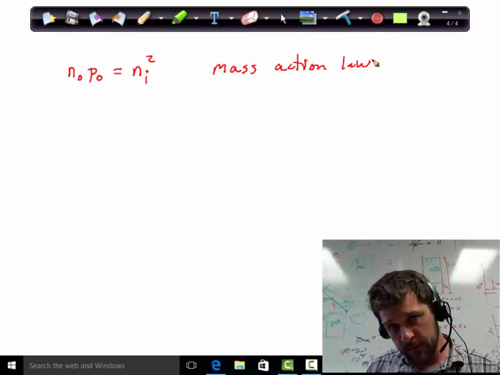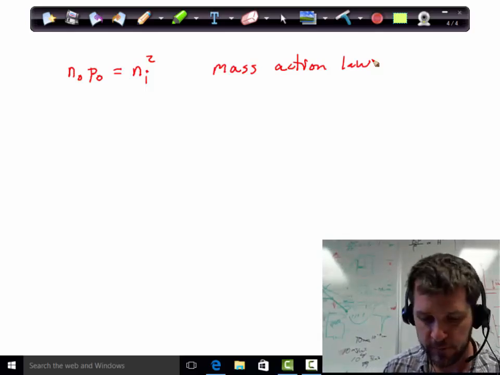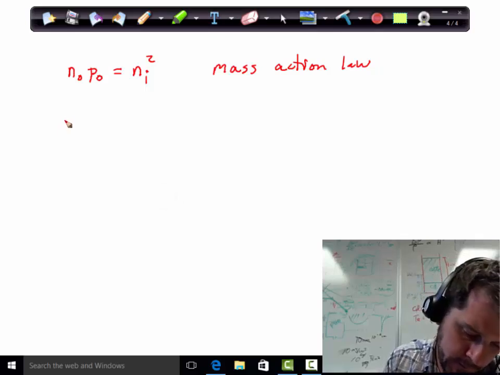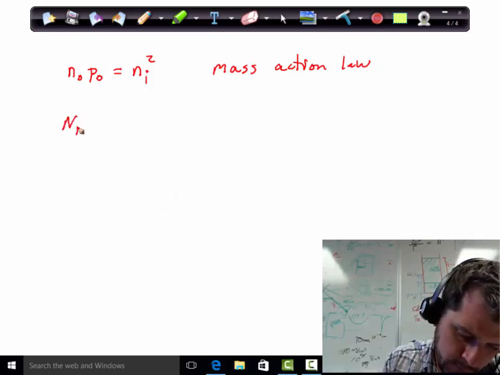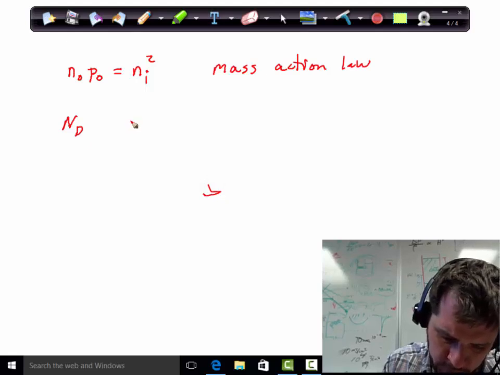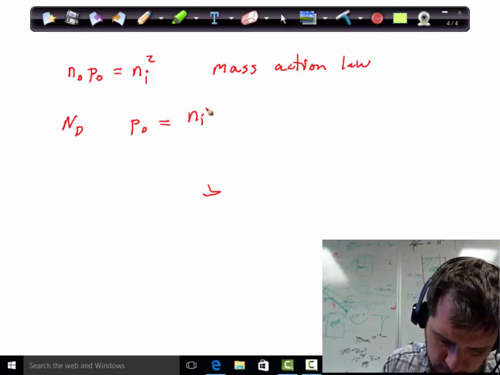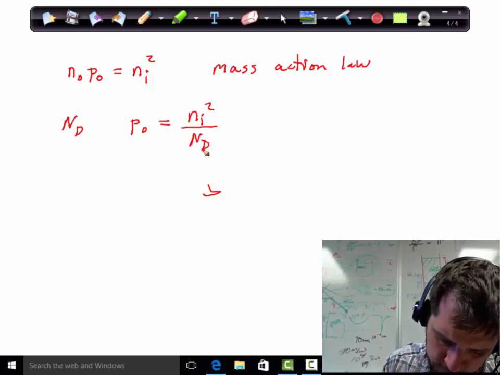So anyway, what this allows us to do is quickly compute the concentration of holes, for example, in an N-type semiconductor. So let's say we put in Nd donors. Well, then the number of holes can be easily calculated as Ni squared over Nd.